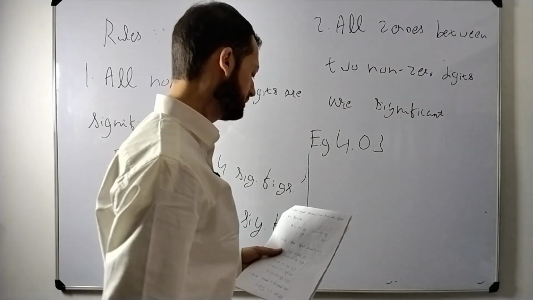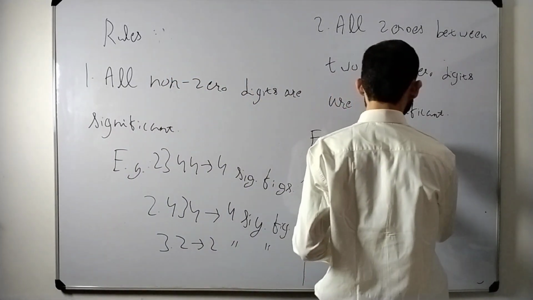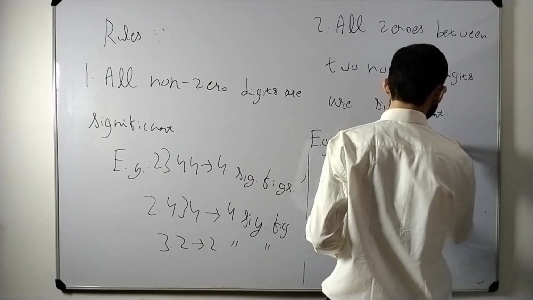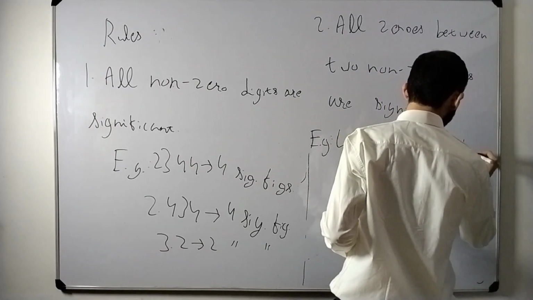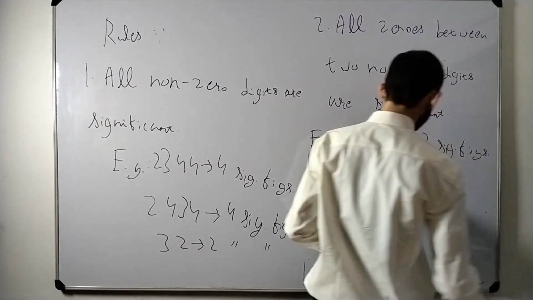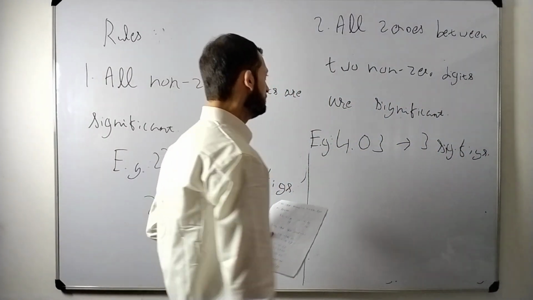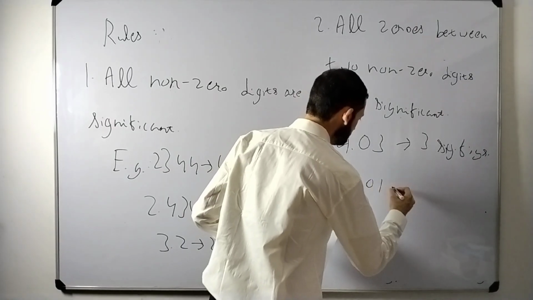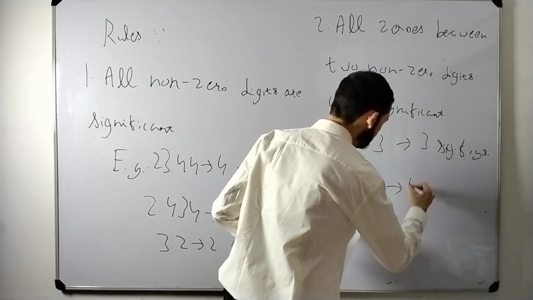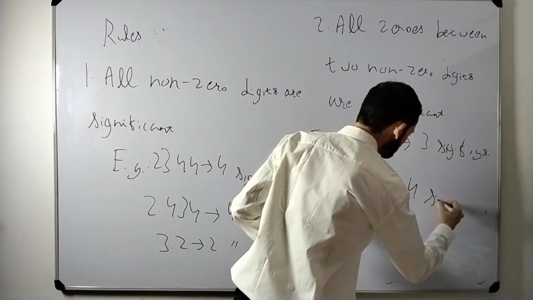So this is the thing. So 3 significant figures. Okay. Then you have 2.01. This makes 3 significant figures.